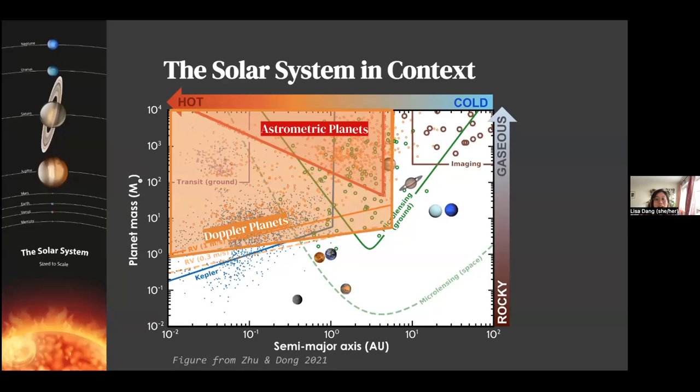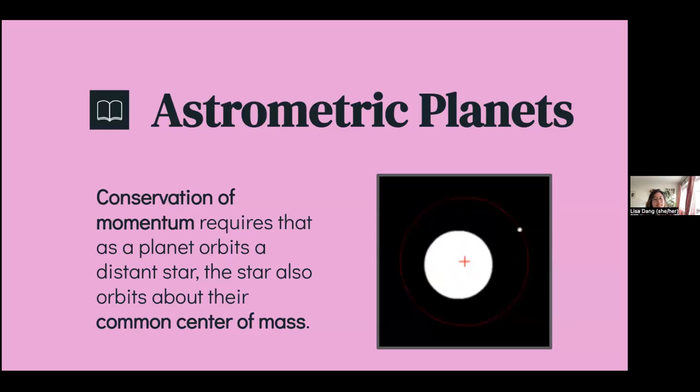But even though it's really hard to detect these exoplanets directly, remarkable advances have enabled the detection of a bunch of astrometric and Doppler exoplanets by leveraging their gravitational effects on their host star. Conservation of momentum requires that a planet and a host star also orbit their common center of mass.